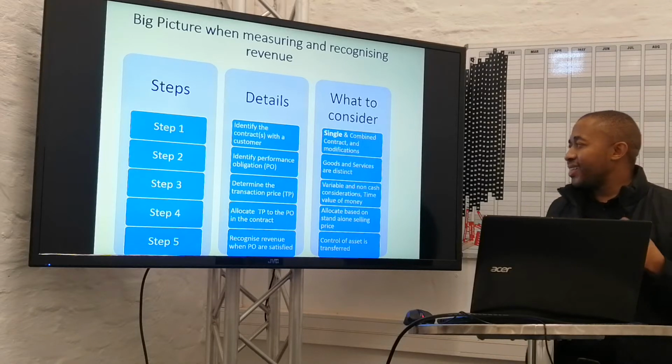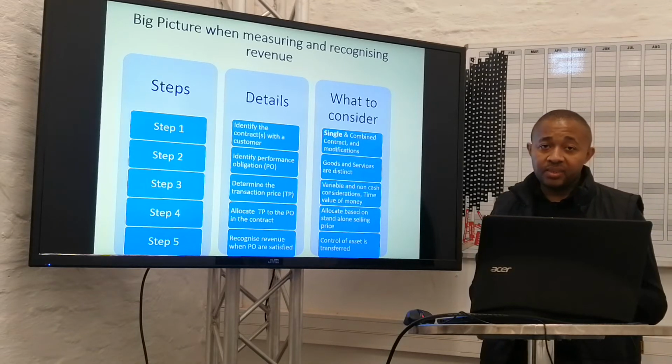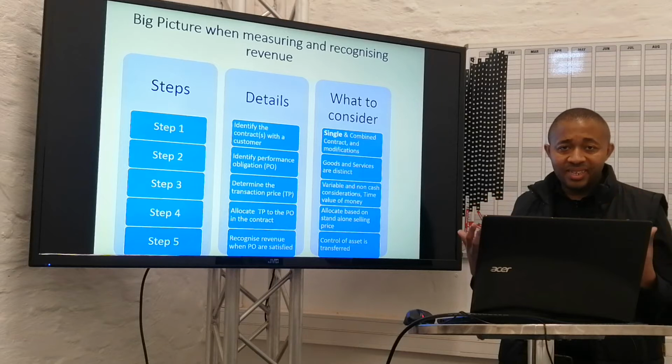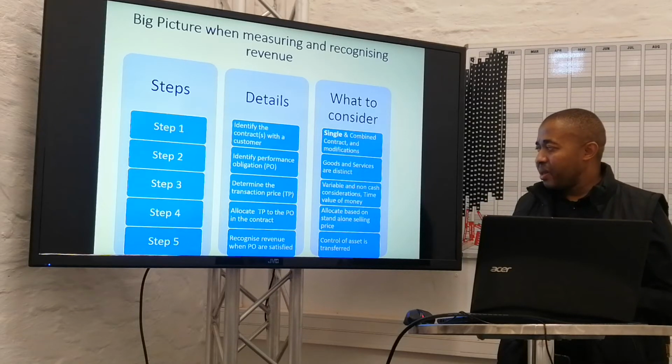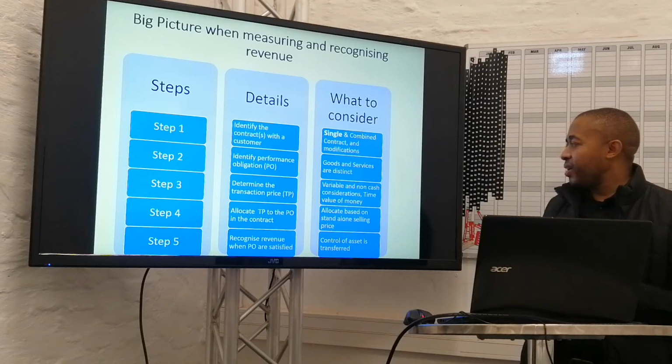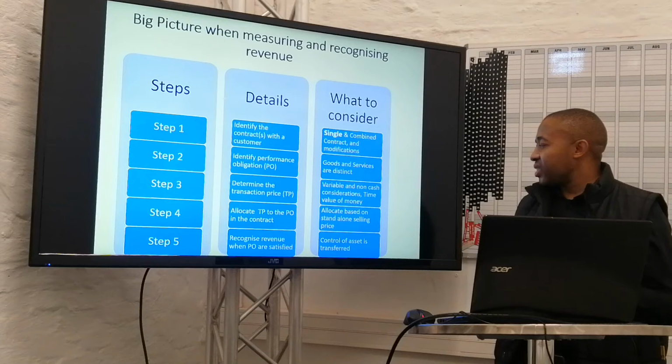Step 2 is that you identify performance obligations, which are goods and services that are distinct. Thirdly, we determine the transaction price, and you have to consider issues such as variable and non-cash considerations and time value of money.